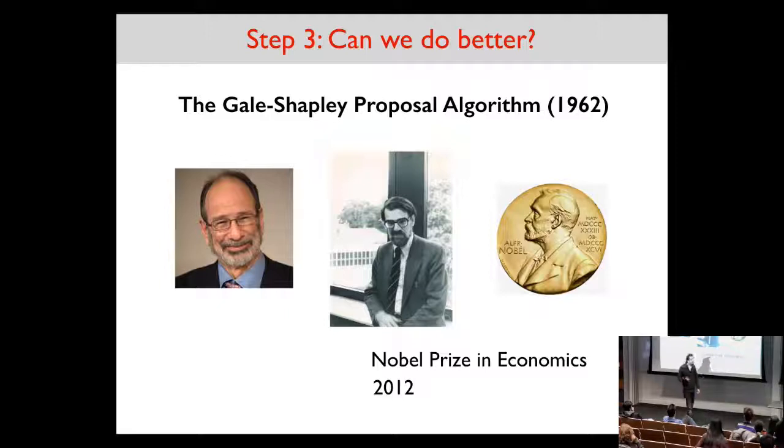So you say, well, what about the other guy? Well, actually, he passed away in like, I think 2008. But if he was alive, he would also have gotten it.